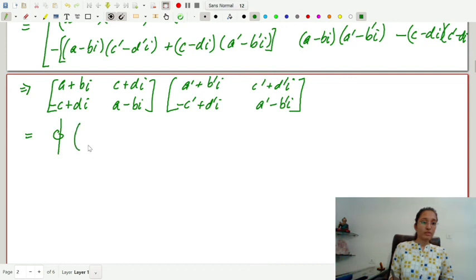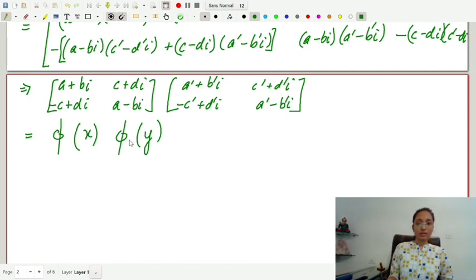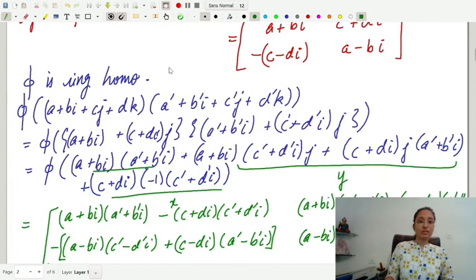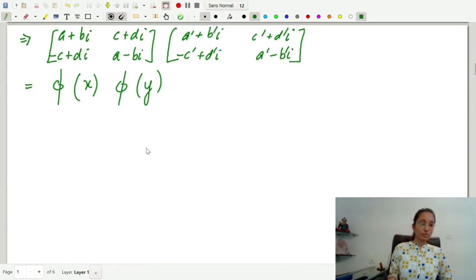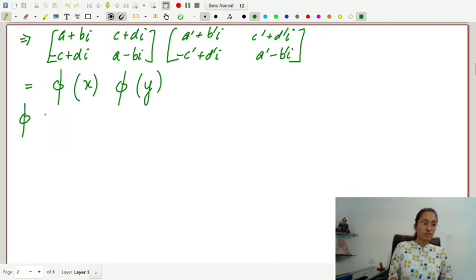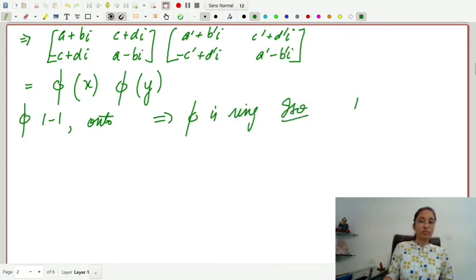That is phi of first element x into phi of second element y, where this was x and this was y. You can take it as x dash and y dash. So multiplication is preserved under it. Also, it can be easily shown that phi is one-one and onto, which in turn implies phi is a ring isomorphism. Therefore, Q8 is isomorphic to M as rings.